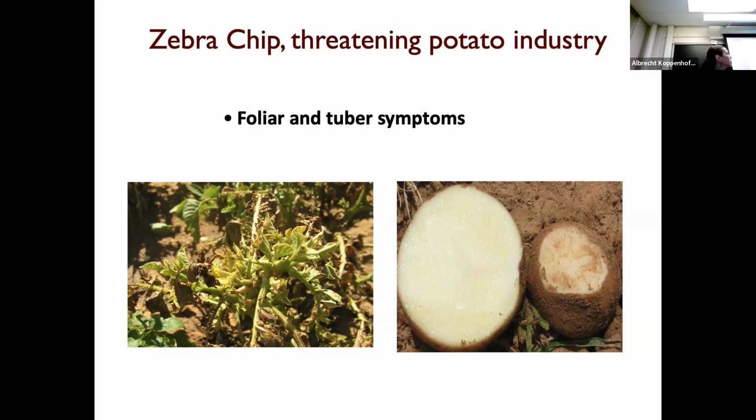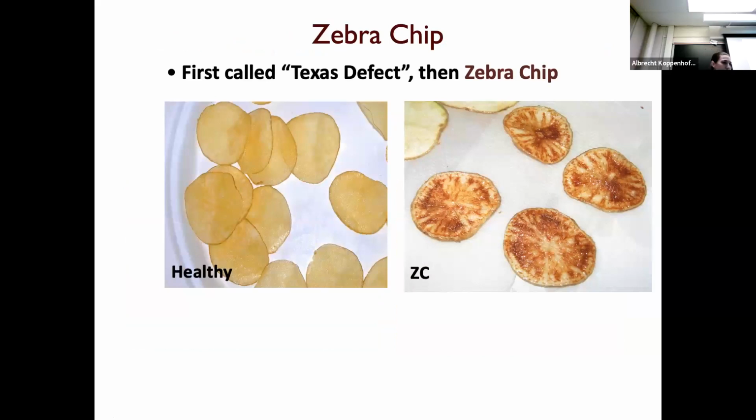That is not observable in all potato varieties, just in a few of them. But what is observable in all potato varieties is that when the tubers, the part that we eat, are cut and fried, when we make chips, they develop this striping. And because of that striping, the disease was called zebra chip, like the zebra, the animal.